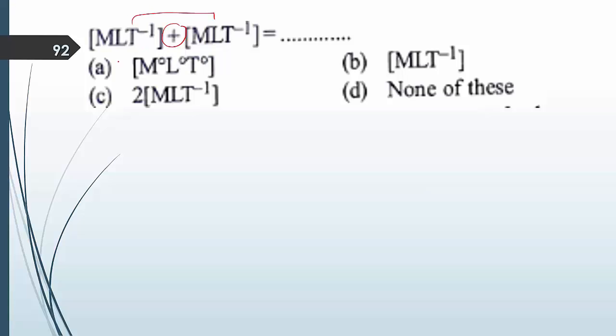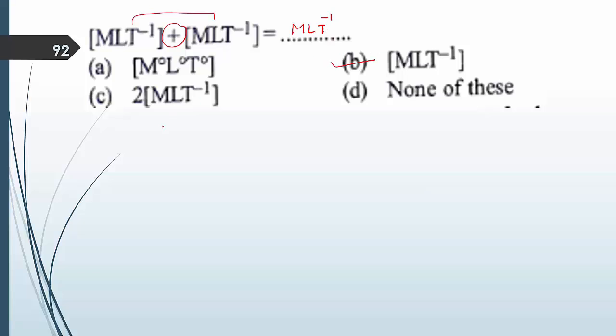Principle of homogeneity of dimension. Addition, subtraction or equality between two quantities of same dimensions are possible. It is possible for same dimension. And remember, the result also have the same dimension. There is no change in the result. So again we will get m l t raised to minus 1.